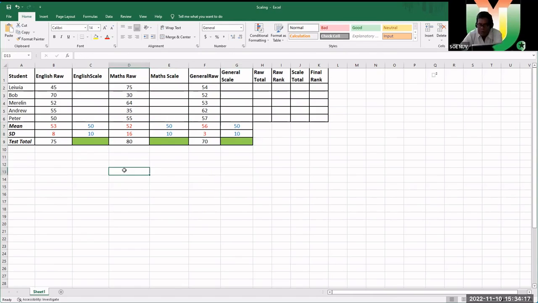So let's start with our formula here. In case this is not done yet, let's put it there. Mean: what is the formula for the mean of all these scores?